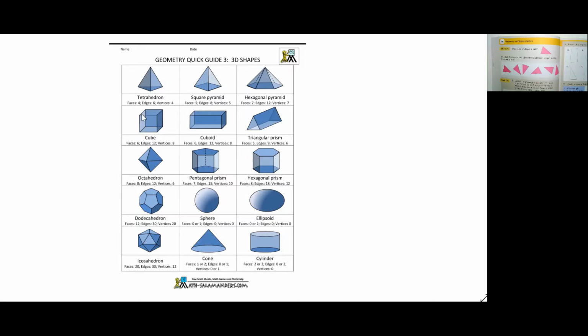For example, the tetrahedron has 4 faces, 6 edges, and 4 vertices.